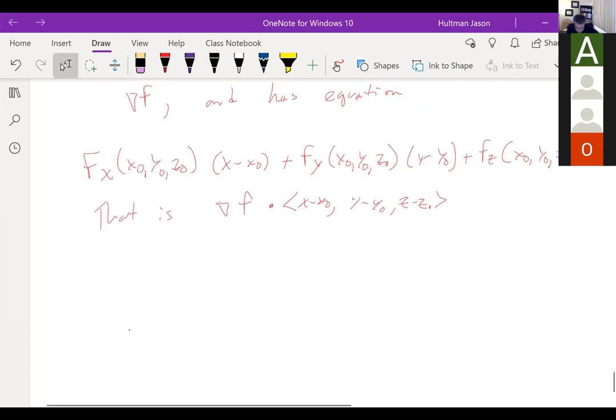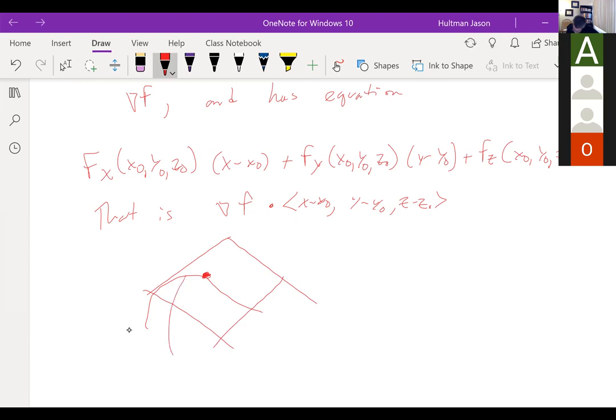Okay, so let me draw a little picture of this for us. We want a tangent plane. So we have a point here, and this is the surface.